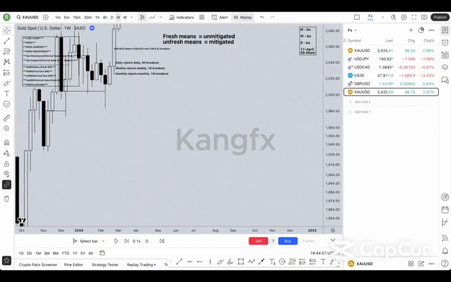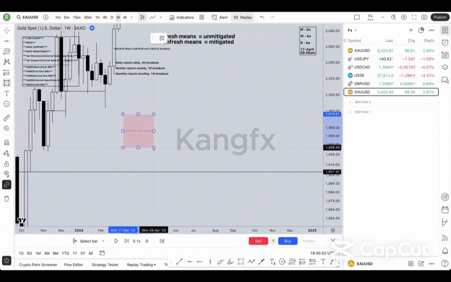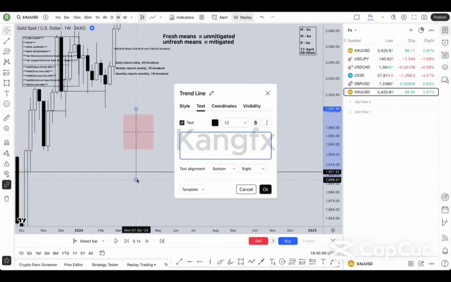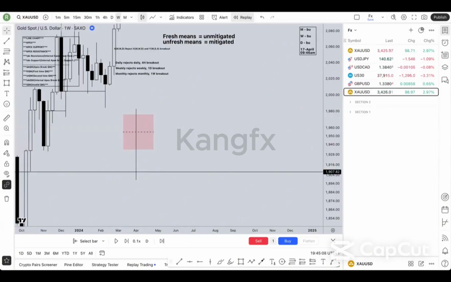Now, what I mean is this. We have a key level here, and the first candle came here and rejected. After the rejection, this did not lead to a breakout. There was no breakout on the lower time frame. And we had another rejection again, from another candle.